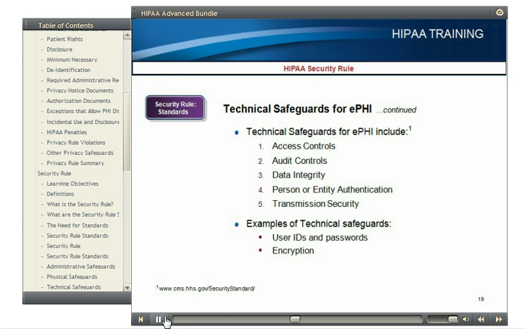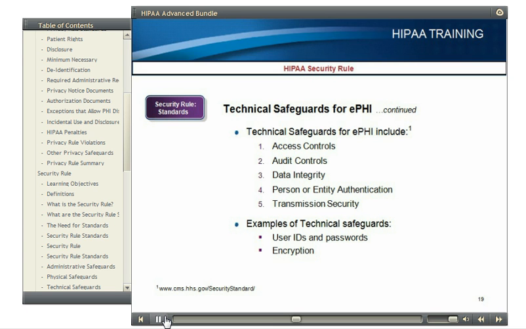Technical safeguards for EPHI include 1. Access controls. 2. Audit controls. 3. Data integrity. 4. Person or entity authentication. 5. Transmission security.